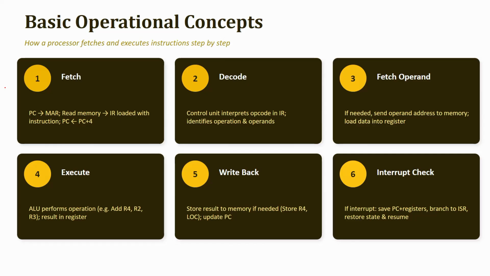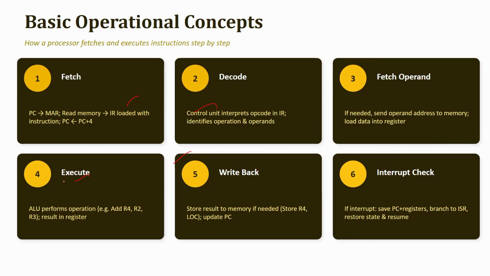This is the major thing involved here, which means how every program that runs, whether in Microsoft Word, Google Chrome, WhatsApp, or even a simple calculator, is executed with the help of a processor using the following sequence: fetch, decode, execute, and write back.